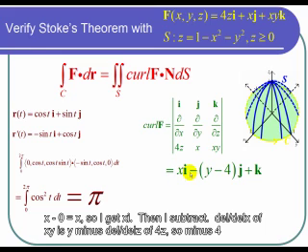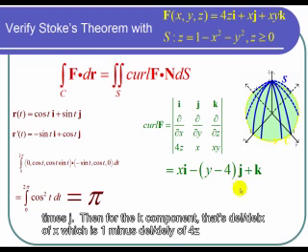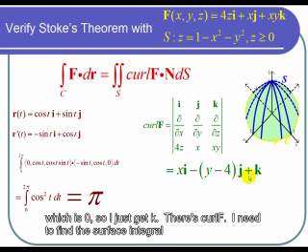So I get x i. Then I subtract del over del x of xy, which is y, minus del over del z of 4z, so minus 4, times j. And then for the k component, that's del over del x of x, which is 1, minus del over del y of 4z, which is just 0. So I just get k.